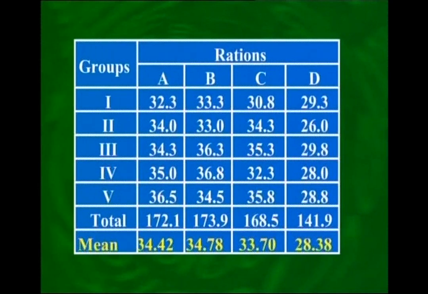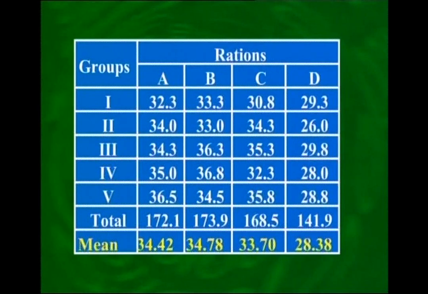As you now see on the slide, the totals of the first, second, third and fourth columns are 172.1, 173.9, 168.5 and 141.9, and of course these are exactly the same quantities that we have already computed: T.1, T.2, T.3 and T.4. But at this time our interest is not in the totals but in the mean values, and hence dividing 172.1 by 5 we obtain x bar A equal to 34.42.